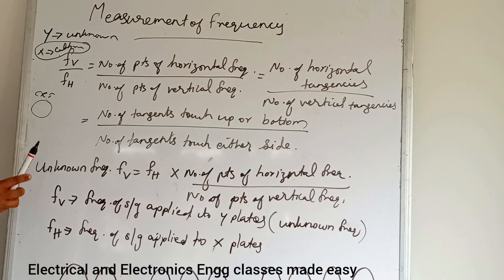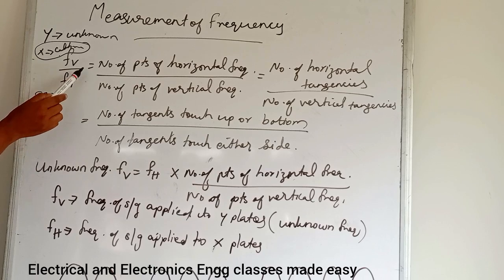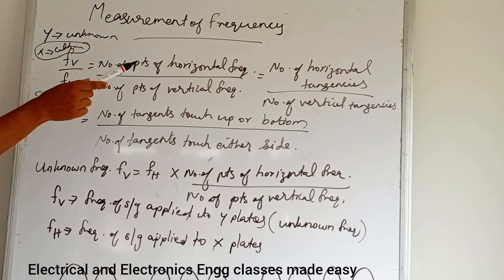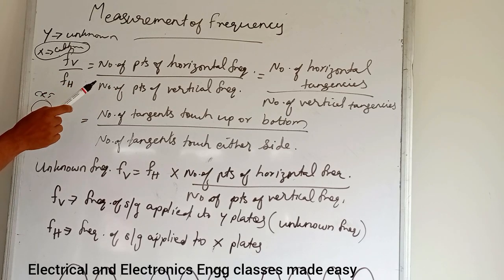Then the number of intersection points are individually counted, and the frequency ratio is given by Fv divided by Fh, which is equal to the number of points of horizontal frequency divided by the number of points of vertical frequency. That is equal to the number of horizontal tangencies divided by the number of vertical tangencies.